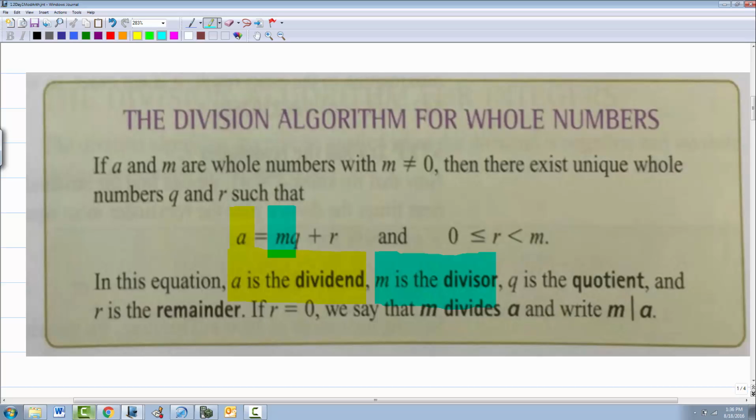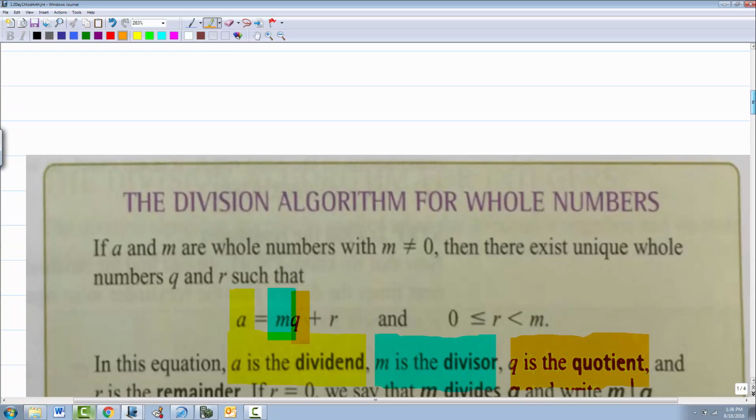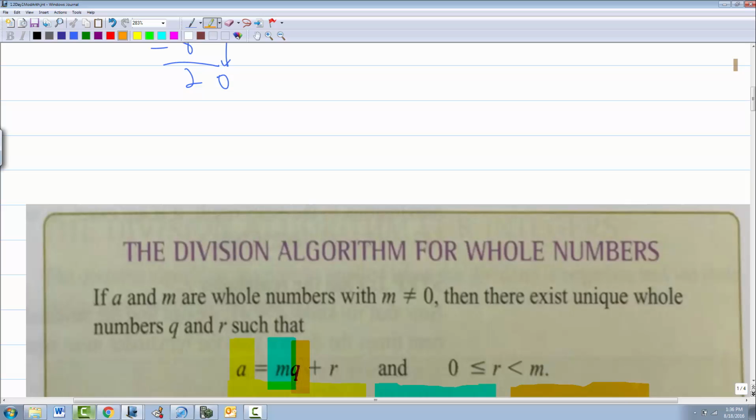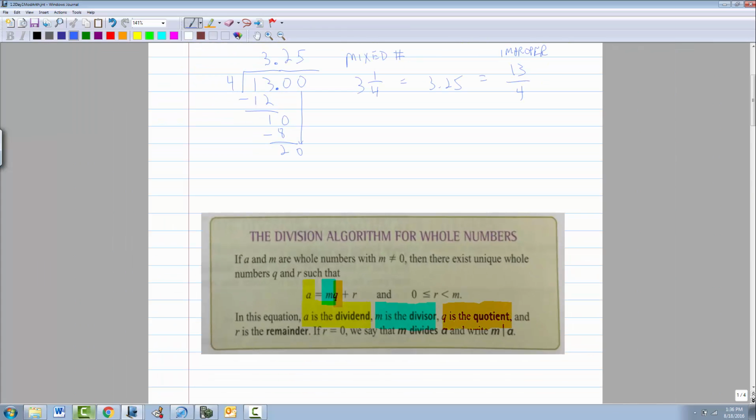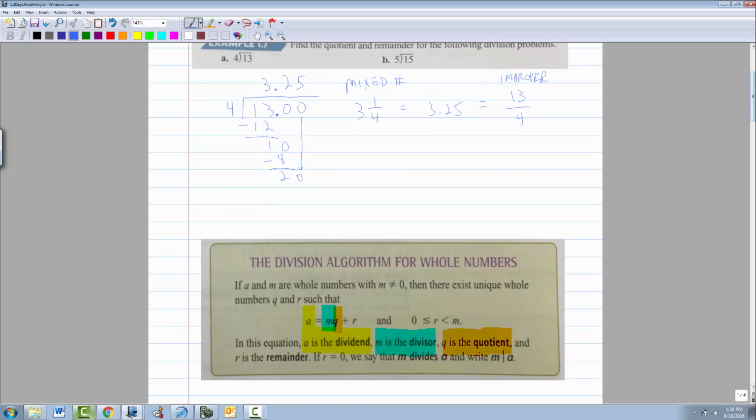Q is easy. Q is quotient. I'd be sad if we didn't know quotient meant the answer to the division statement. And then R, I'm not even highlighting that. What's R? Remainder. So let's look at that last question and write it in this format. Well, I can't really see it. Maybe I'll zoom back just to make the notes look all fantastic. 13 is the dividend.